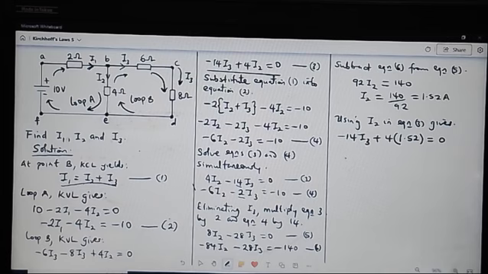So we have minus 14I3 plus 6.08 is equal to 0. So that 6.08 is equal to 14I3. Therefore, I3 becomes 6.08 all over 14. That gives us 0.43 ampere.